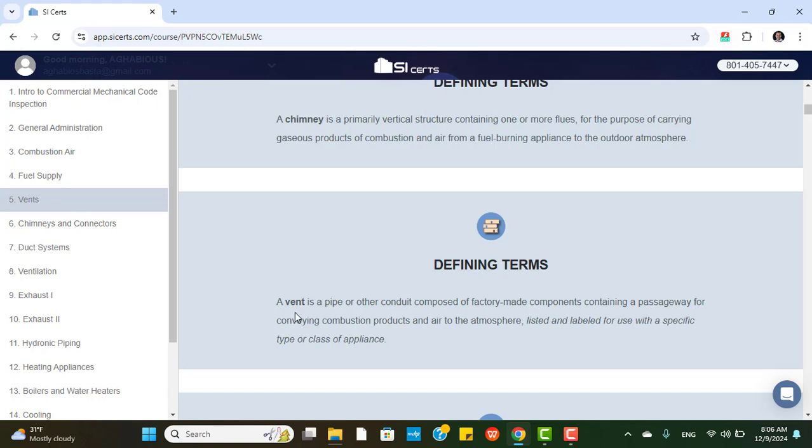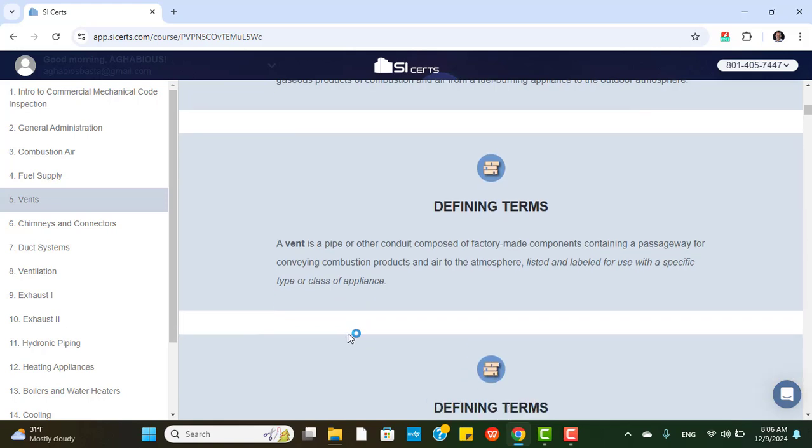Defined terms. A vent is a pipe or other conduit composed of factory-made components containing a passageway for conveying combustion products and air to the atmosphere, listed and labeled for use with a specific type or class of appliance.